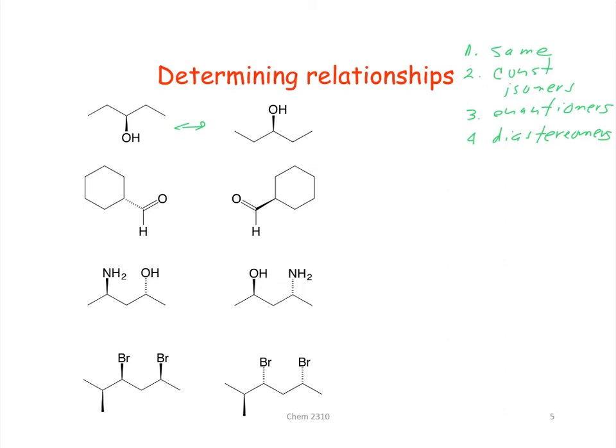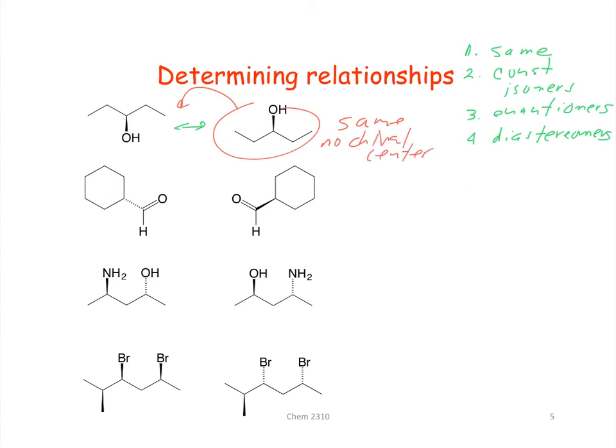All right, these two are just the same, right? No chiral center. If we took this molecule and just rotated it up onto the other one, it would just superimpose right on the top. Okay? And part of it is that it has no chiral center.